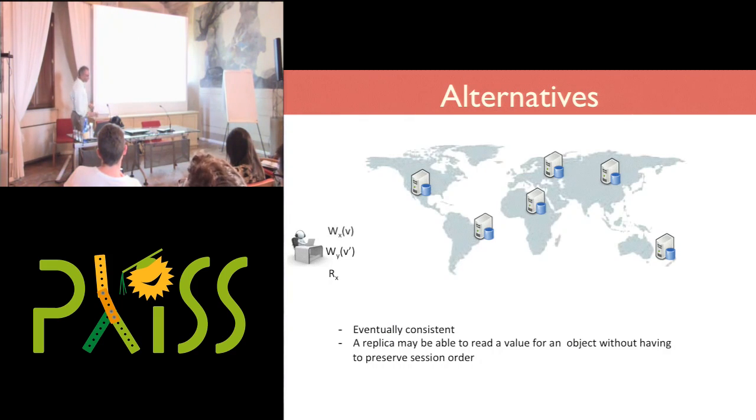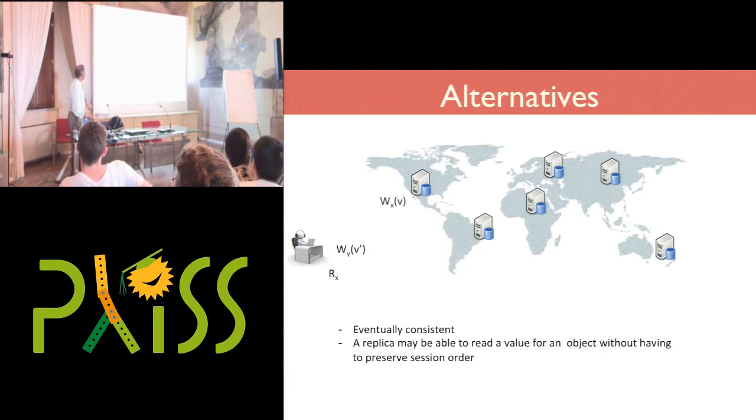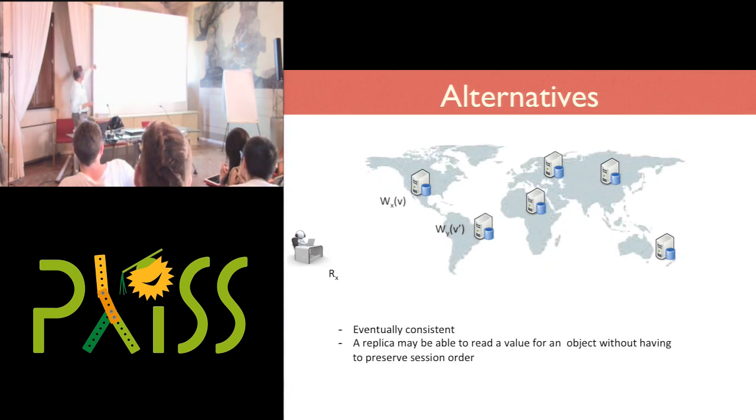It might choose to write X to some particular replica, no problem. It might choose to write Y, and maybe that write ends up going to another replica because this particular communication channel may be heavily used, or maybe there's a network partition.